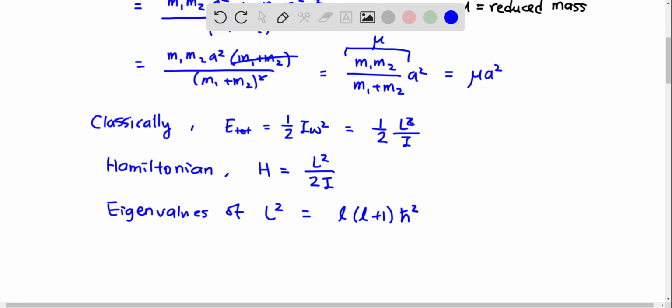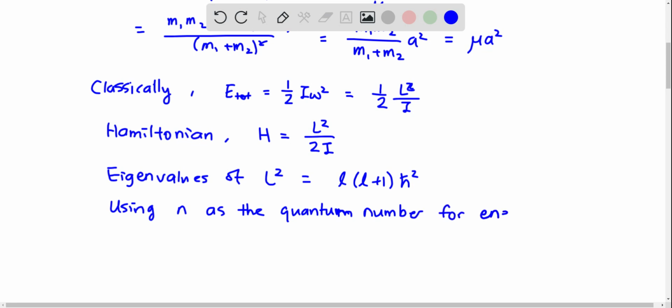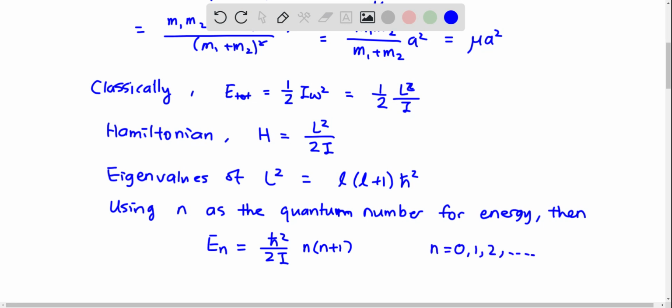But since we tend to use n as the quantum number for energy, then En is h bar square over 2I times n times n plus 1, and n is 0, 1, 2, and so on. Shown.